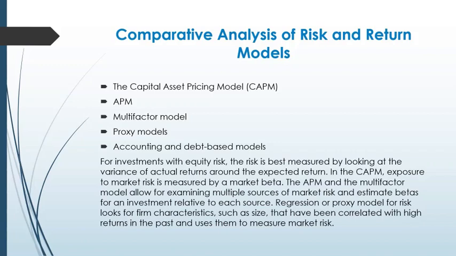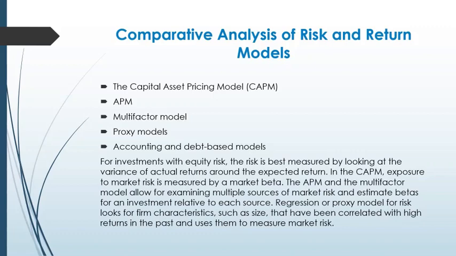For investments with equity risk, the risk is best measured by looking at the variance of actual returns around the expected return. In the CAPM, exposure to market risk is measured by the market beta.